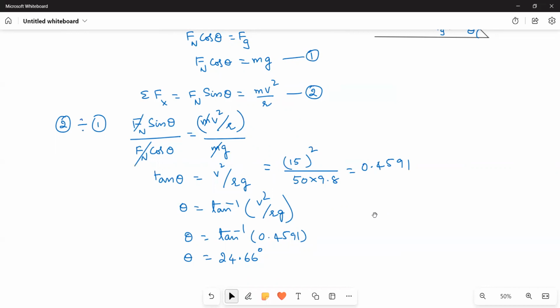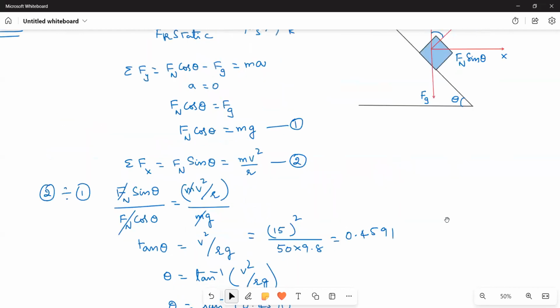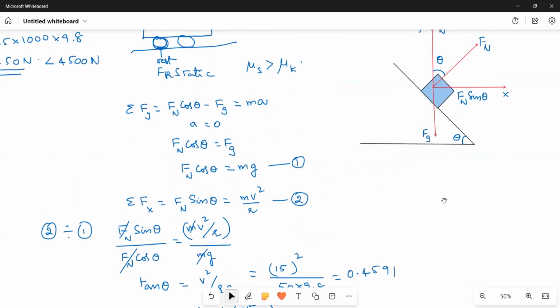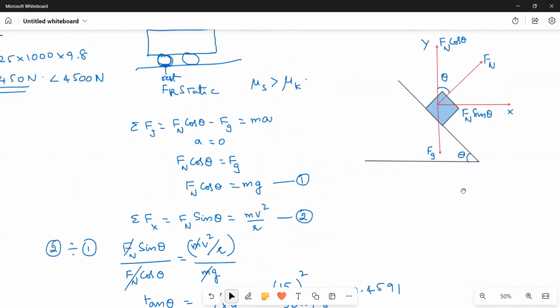As long as you maintain a specific speed, you can easily negotiate the curve, and there is no question of vehicles flying off and no question of accidents. This is the beauty of the banking of roads. This is what is called banking of roads. That means we are raising the outer edge of the road for vehicles to safely negotiate the curve and travel.